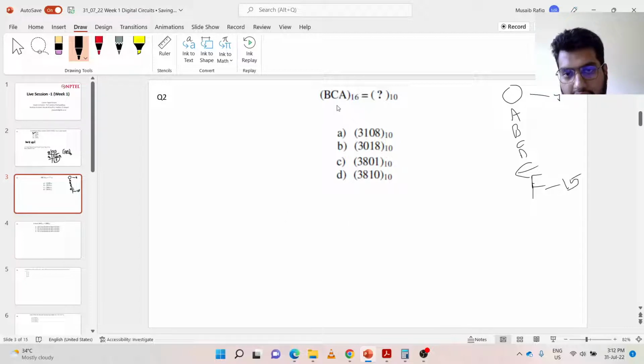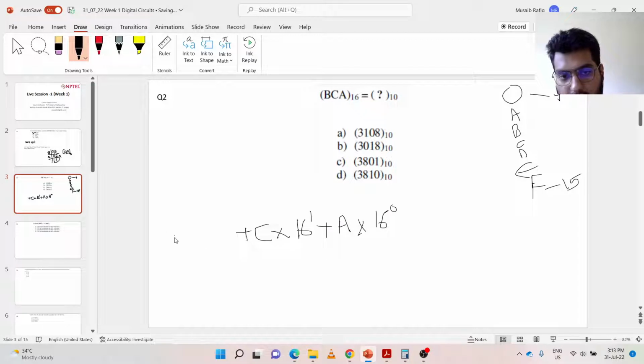We'll multiply A, which is 10 here, by the position it is occupying, that is the 0th position, and the base of the number system is 16, so it is 16 to the power 0. Then we'll add C multiplied by 16, occupying position 1, and then we have B, which is occupying the second position, 16 to the power 2.